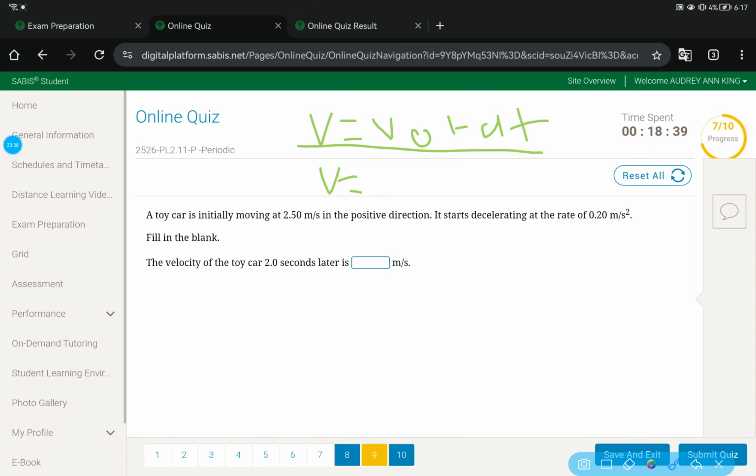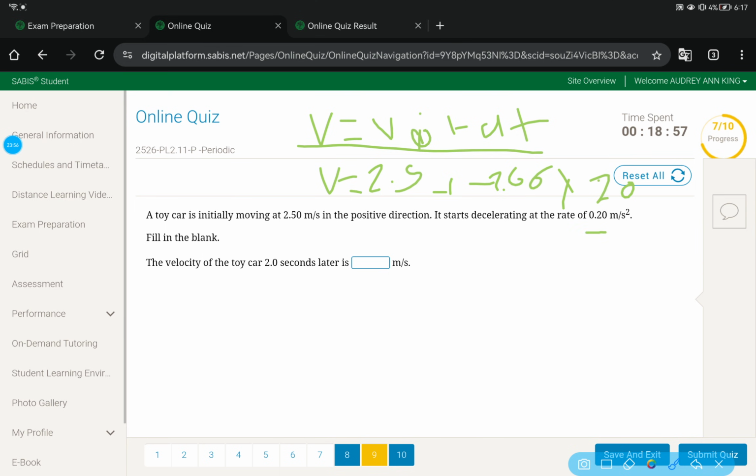Velocity equals initial velocity, 2.5, plus negative 0.2 times 2.